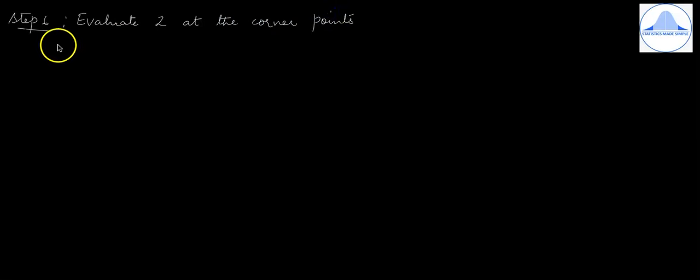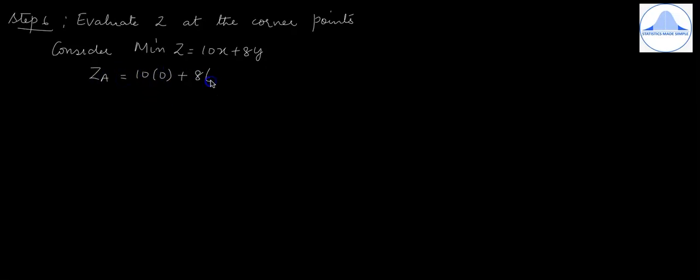So take the objective function. So consider minimize Z equal to 10x plus 8y. So next you find out ZA. So ZA will be 10 into 0 plus 8 into 40. This will be equal to 320.